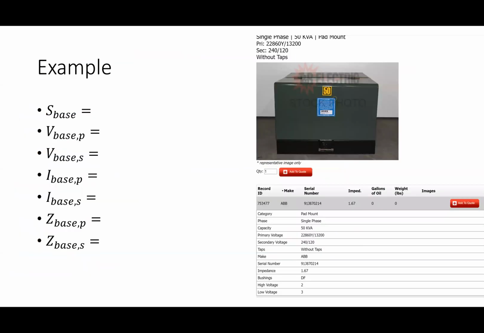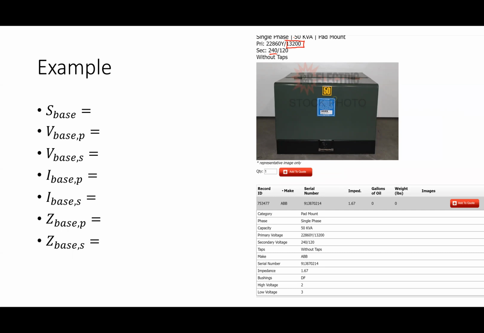So let's look at an example. I have this guy here. This is a 50 kVA transformer. It's pad mounted. His output is 240 volts. Specifically, he's connected to 13,200 volts on the primary and 240 volts on the secondary.